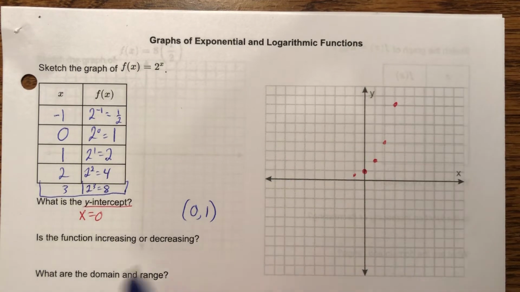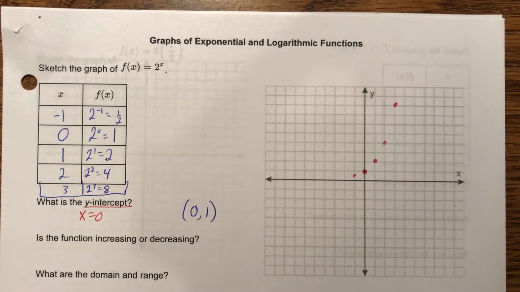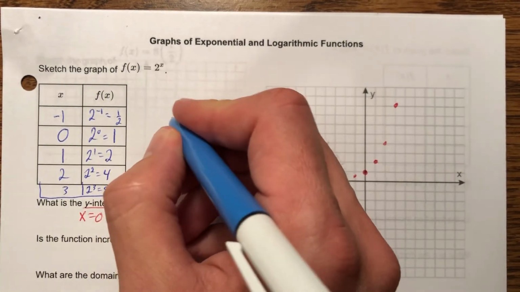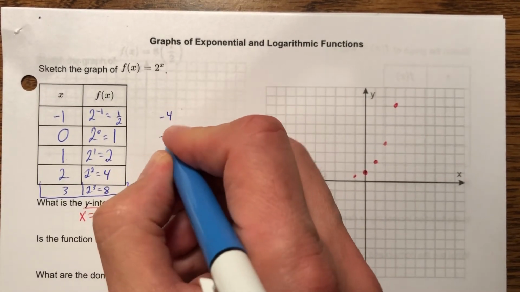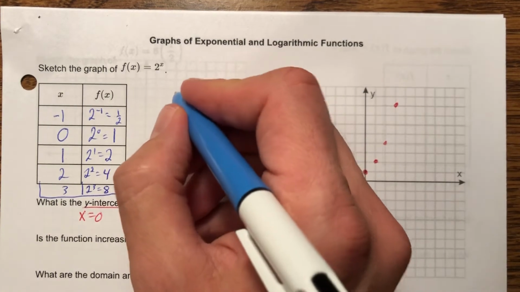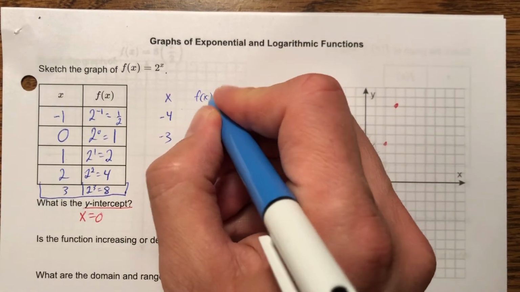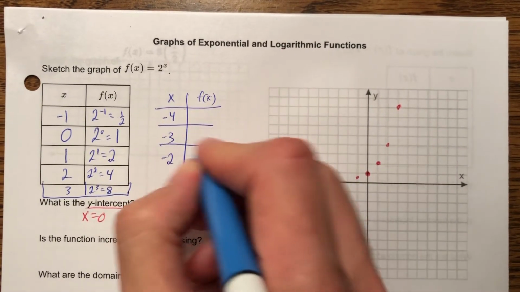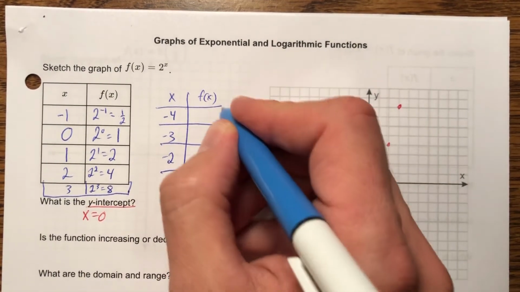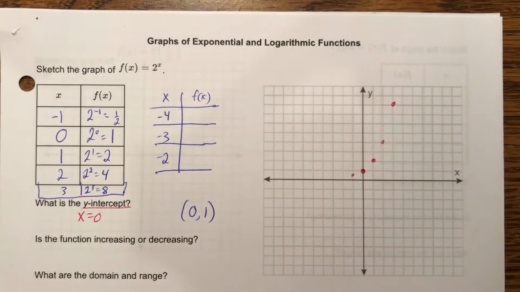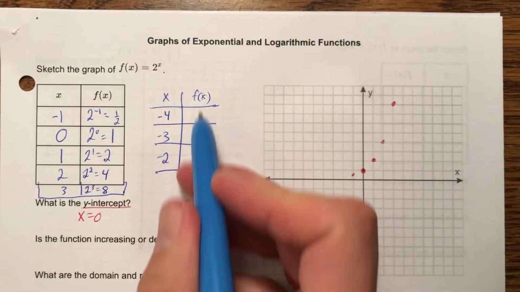Okay, well, let's keep backing up. And as we keep backing up, we could continue making this table. And making this table would look like this. If I had, let's go -4, -3, -2, and so here's x and f of x. And if you're just watching this part of it and you're not writing these down, that's okay, because I'm trying to prove a point, but I think it would be handy to have it. So let's work our way up.